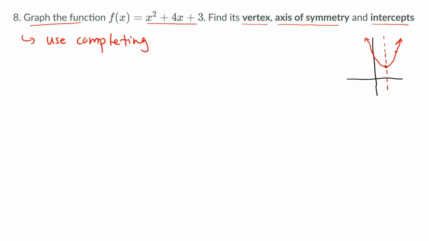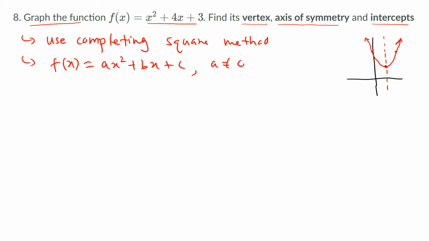So you can use the completing square method. So that is one idea. The other idea is we can directly use the theory, because we know that if we have a function f(x) = ax² + bx + c with a not equal to 0, the vertex, which we normally call (h, k), has h equal to negative b over 2a.